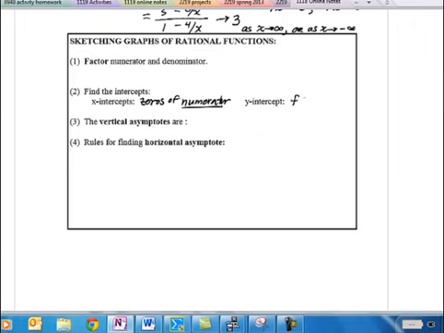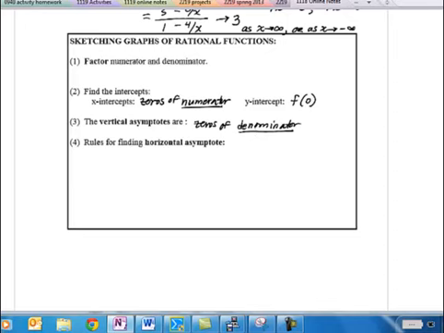The y-intercept is the same as it always is, just put 0 in for x and find the function value. The vertical asymptotes are the places where the function is undefined, which will be the zeros of the denominator. So the factors of the numerator will tell us the x-intercepts. The factors of the denominator will tell us the vertical asymptotes.